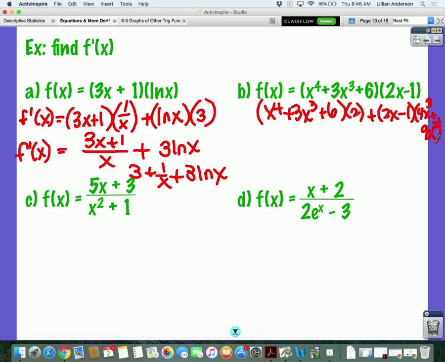Okay? Distribute over the 2. That's 2x to the 4th plus 6x cubed plus 12. Foil this: 8x to the 4th, 18x to the 3rd, minus 4x to the 3rd, minus 9x squared.